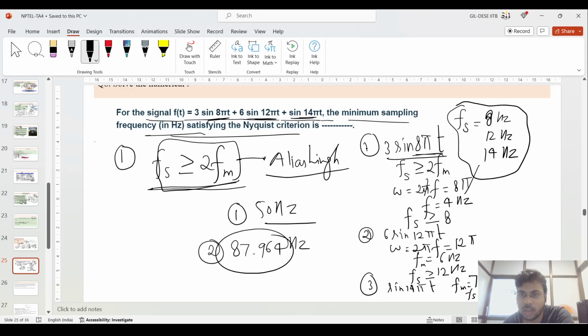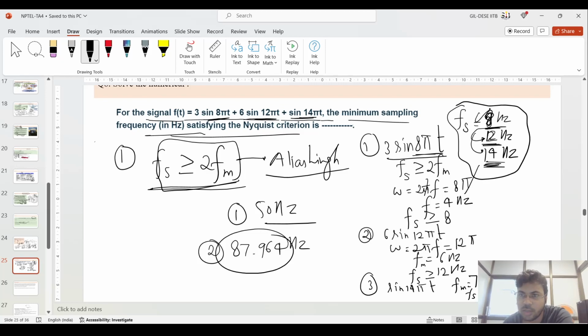So now the question is, which sampling rate should I choose so that we extract this signal completely. If you choose 8 Hz, then there will be loss in the 12 Hz and the 14 Hz, because here the sampling rates are much higher as compared to this 8.